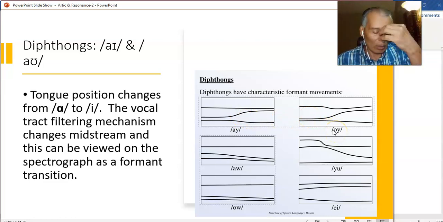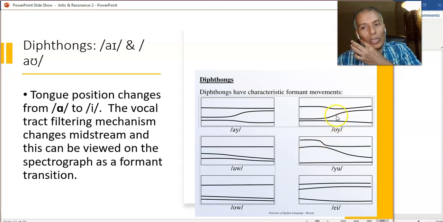Why is F1 here low? Oi, because of the wider space. And E, you go oi, and you switch to E, that is going to raise. Oi is going to be higher as you switch. Oi.